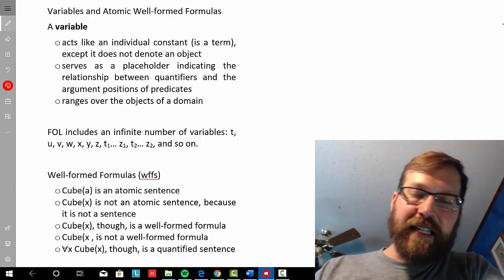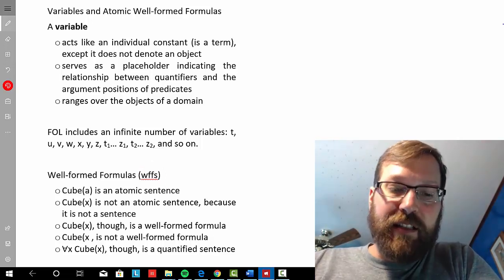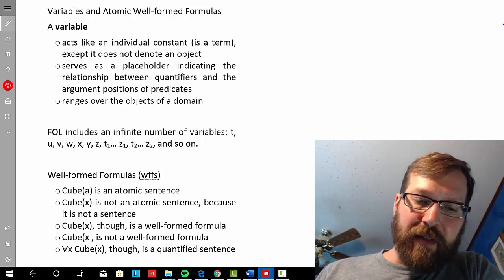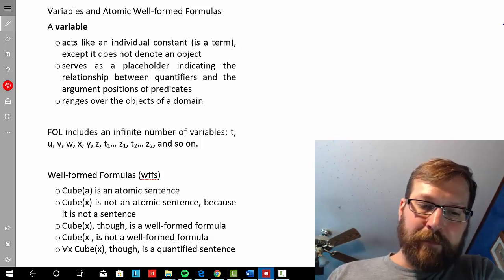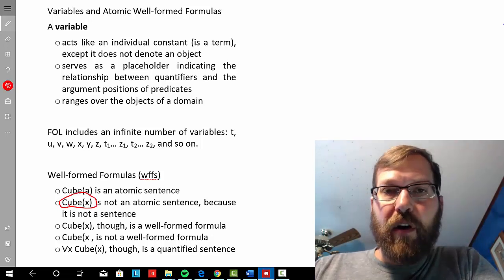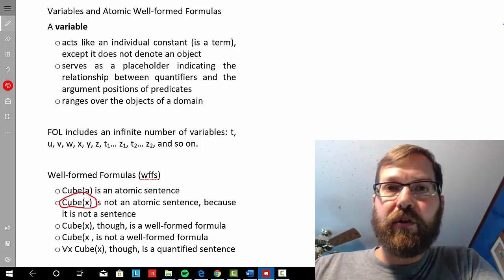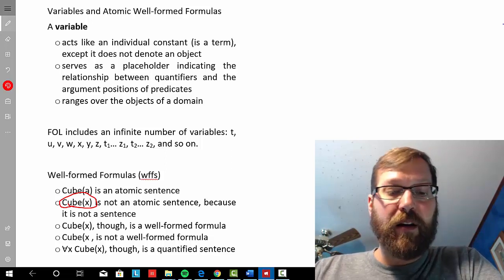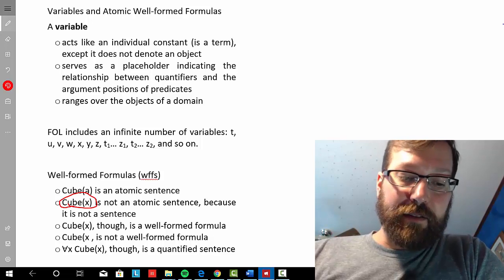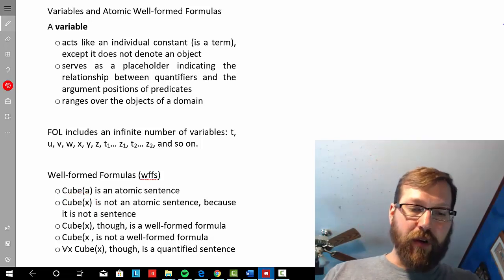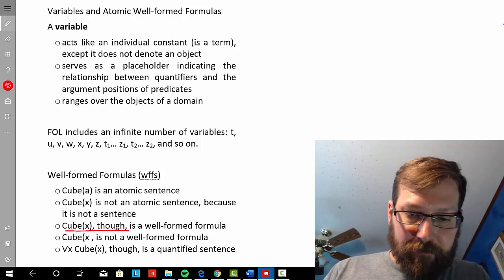Any well-formed sentence is going to be a well-formed formula. So A is a cube is an atomic sentence and it's a well-formed formula. But this is not a sentence, since we don't have an individual constant that we're asserting a property of. It won't be an atomic sentence. However, it is a well-formed formula.